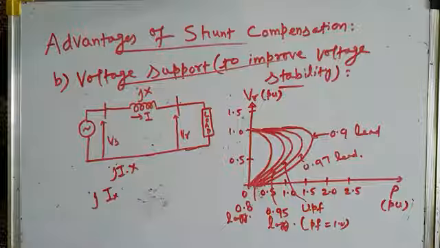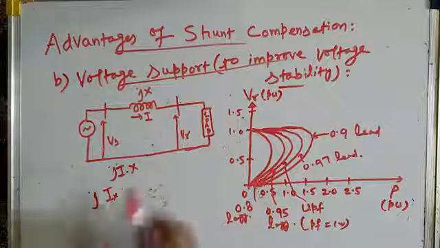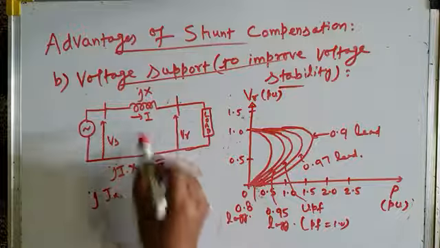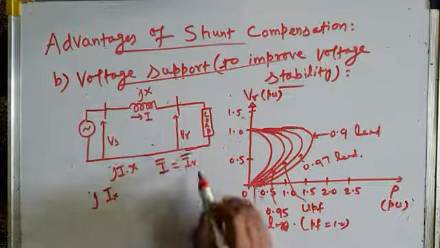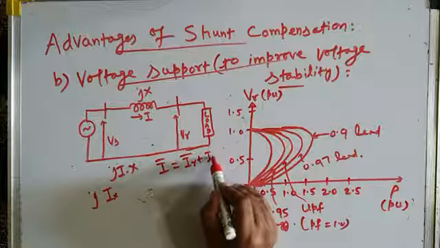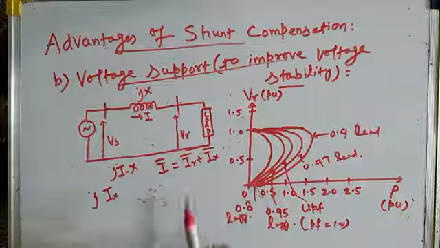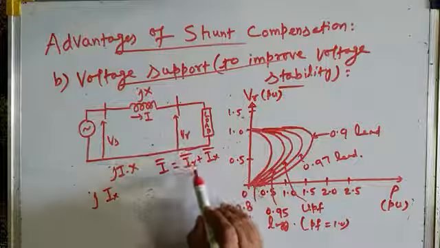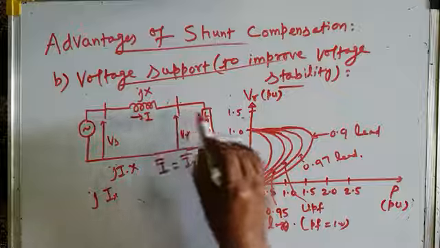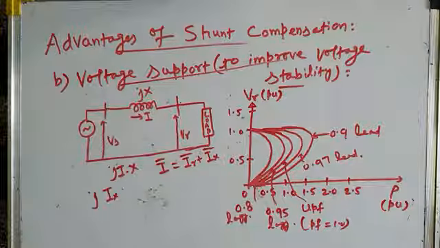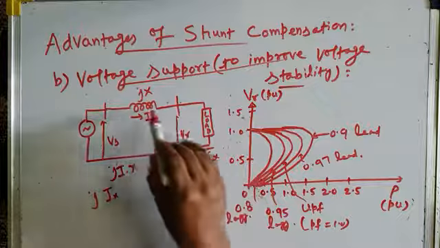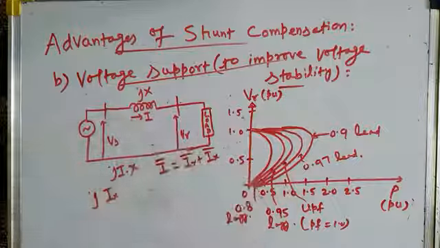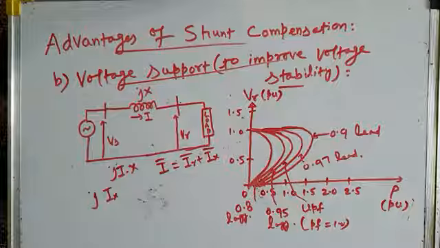In one of the earlier classes, a couple of lectures back, I have already explained to you that if you resolve this transmission line current into two components, it will have a resistive or in phase component of current, and a reactive or quadrature component of current. The resistive or in phase component of current is because of the active power which is flowing over the transmission line, and the quadrature or reactive component of current is because of the reactive power drawn by the load which is flowing over the transmission line.